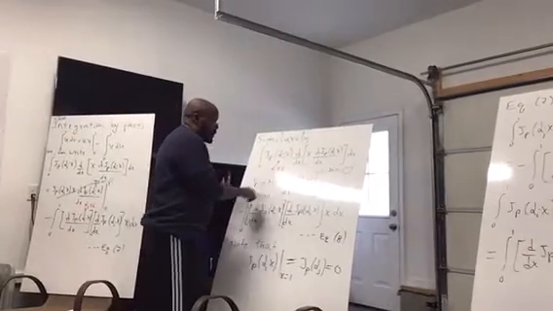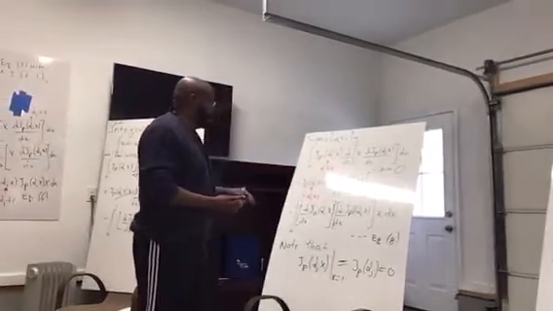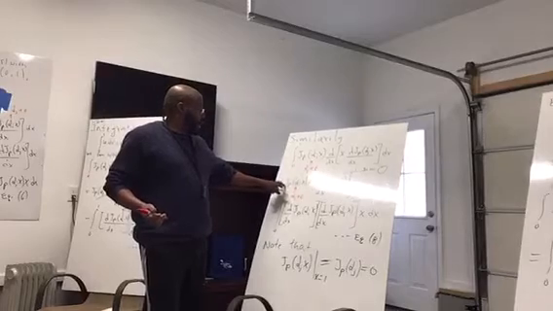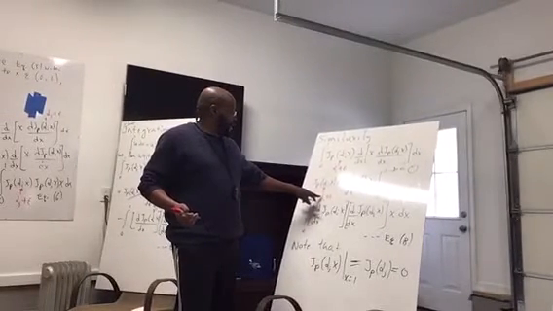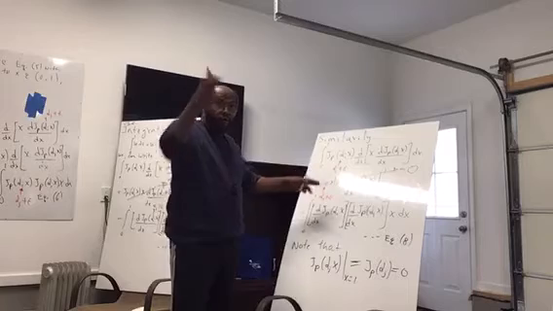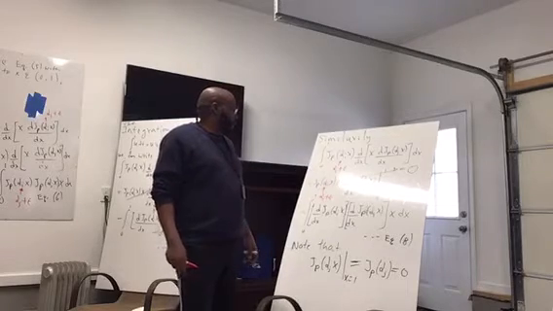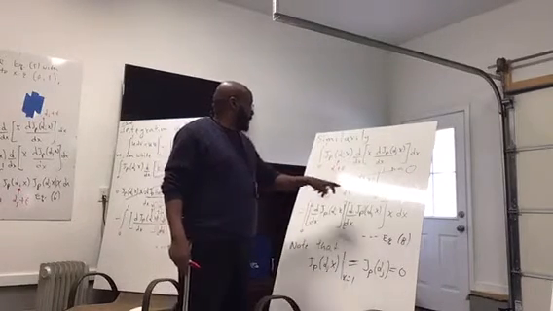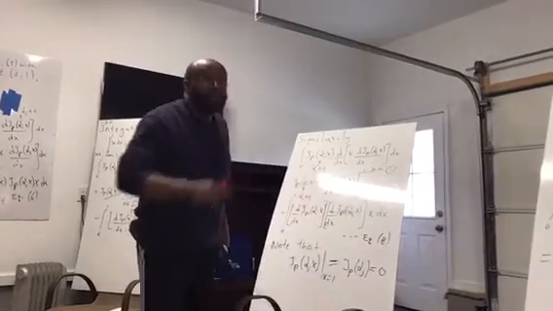Instead this is not going to be 0 because we don't know the behavior of J p of x. Well, actually we do know from the graph that I showed you.